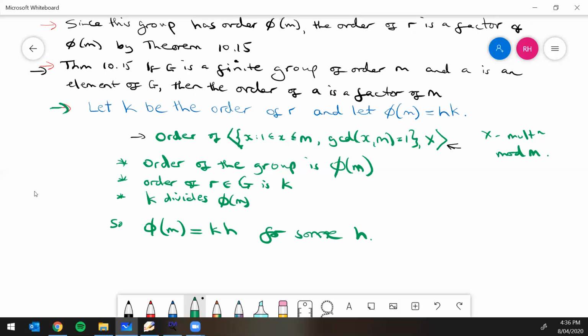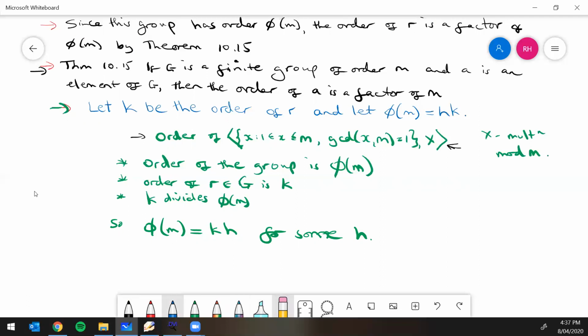So remember in the last video, I think we had M was 10, we had phi of M equals 4. I'll just write that there, we had 4. And remember here we had the order, sometimes it was 1, sometimes it was 2, sometimes it was 4, but if the order was 2, so if K equals 2, then we would have H equals 2. That's all it's saying.